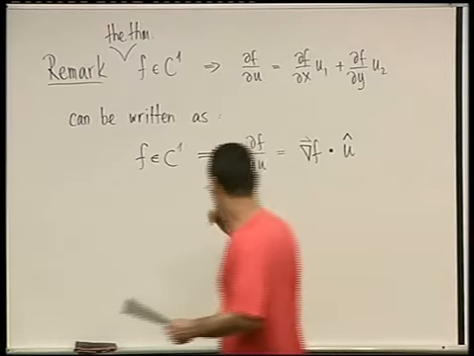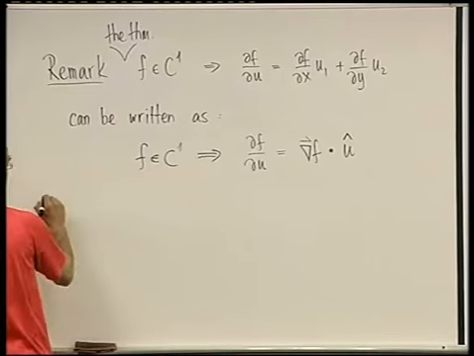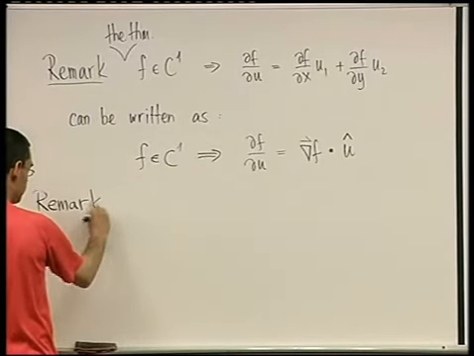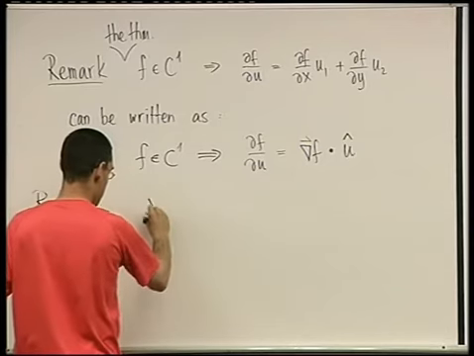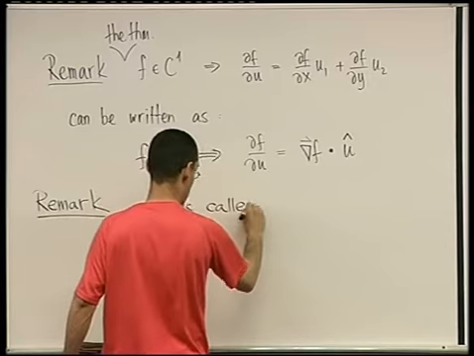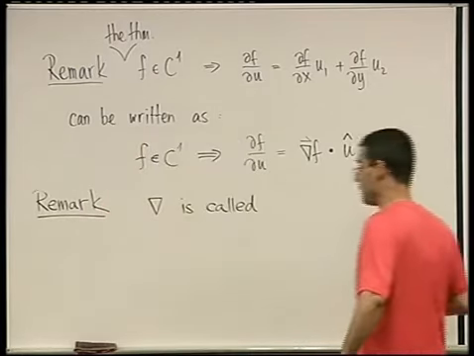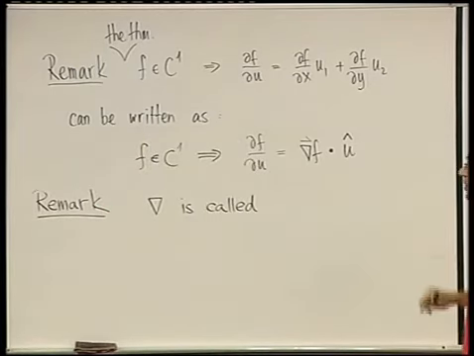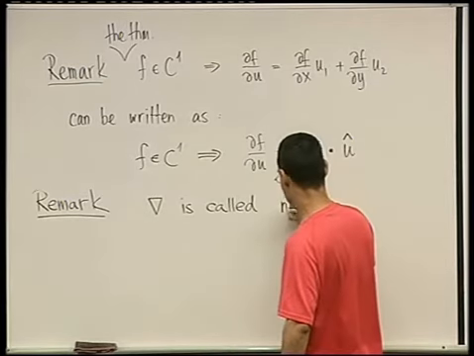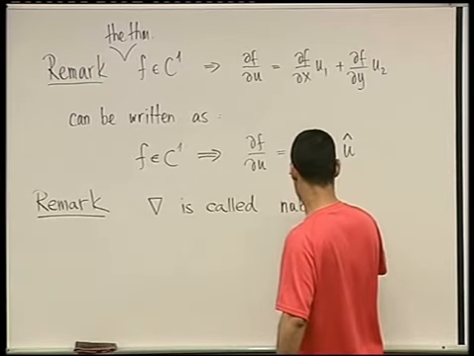Let's write it as a third remark. This thing, we're going to use it a lot in this course. It shows up in various notions, not just the gradient, and is called nabla.